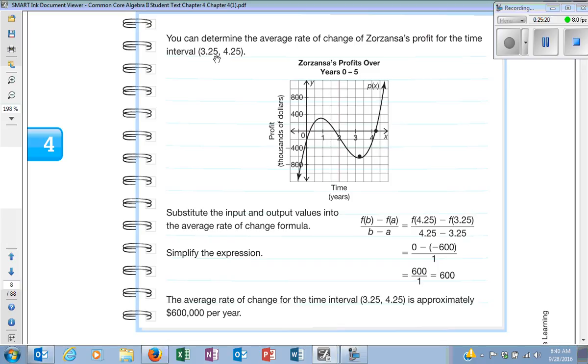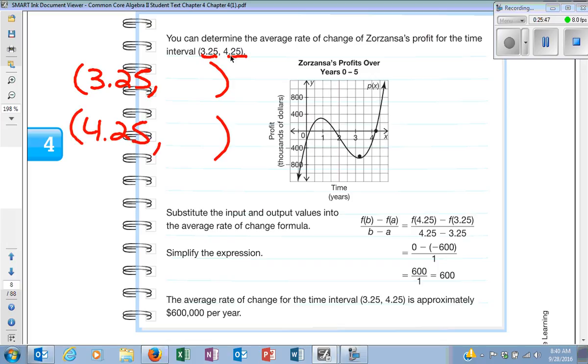Is time an ordered pair? Time and profit are an ordered pair. Time is just the x values. This is saying from this x to this x. So that means you have an ordered pair of 3.25 comma something and 4.25 comma something.